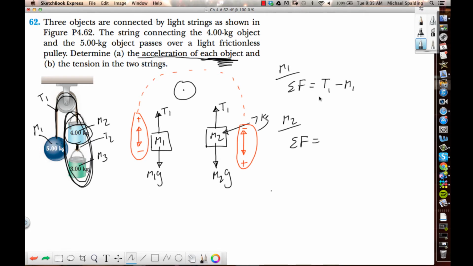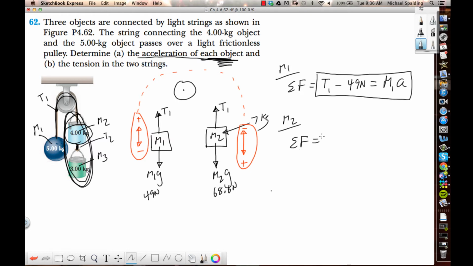M1G here is 49 newtons, and this mg over here is 68.6. So this is T1 minus 49. And what does the sum of the forces always equal? MA. But don't just say MA, it's M1A. So we just wrote an equation.